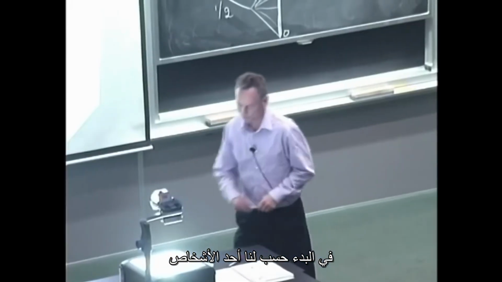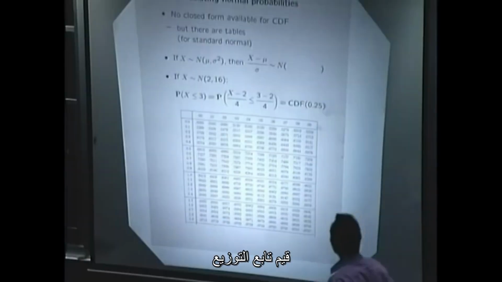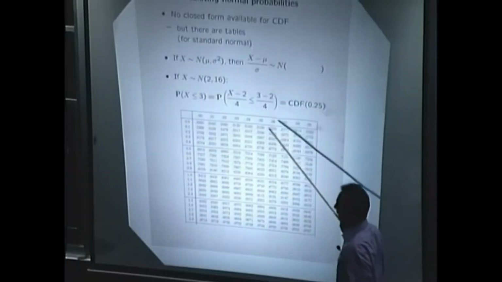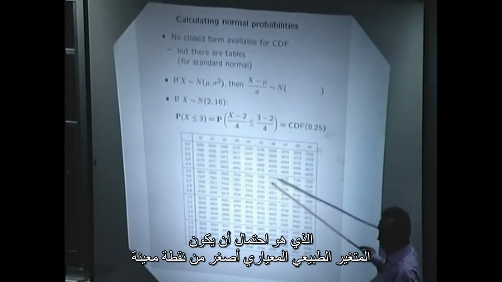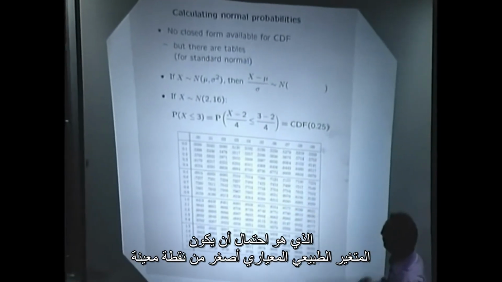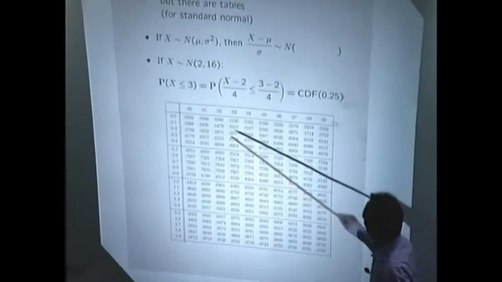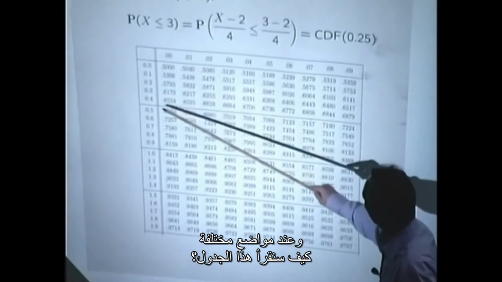Our starting point is that someone has graciously calculated for us the values of the CDF, the cumulative distribution function, that is the probability of falling below a certain point, for the standard normal at various places. How do we read this table?